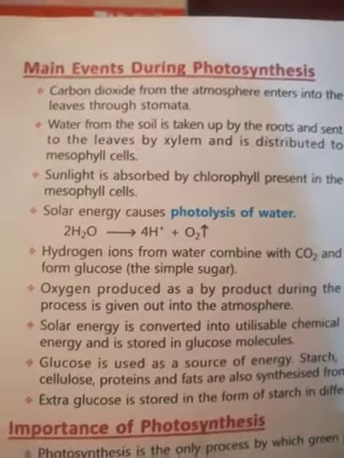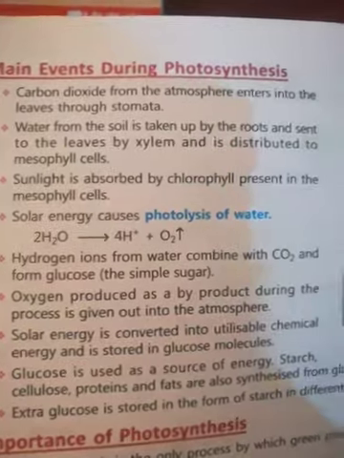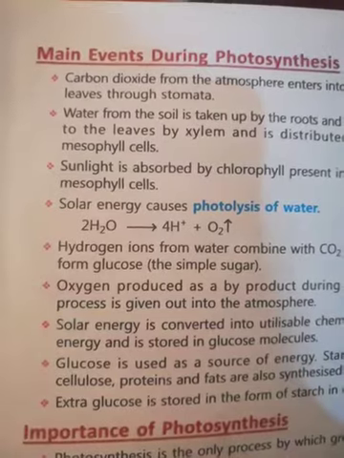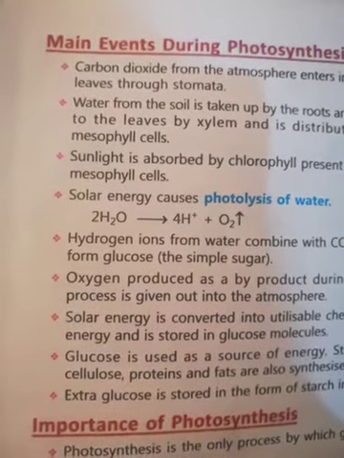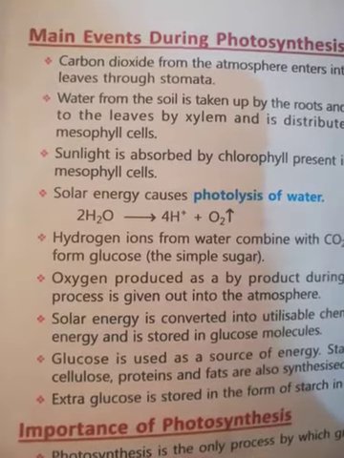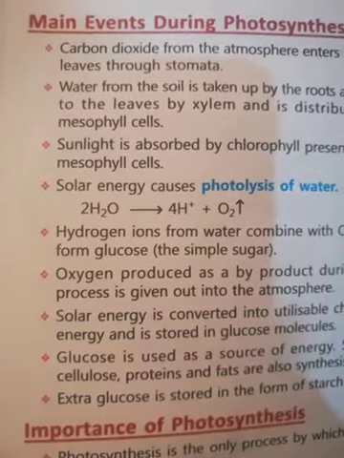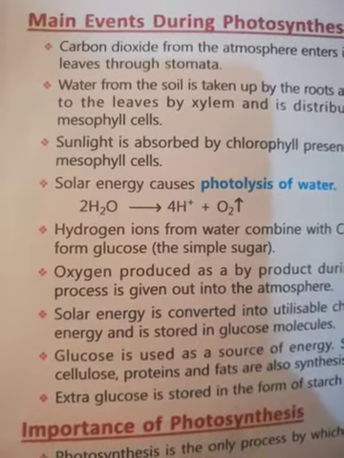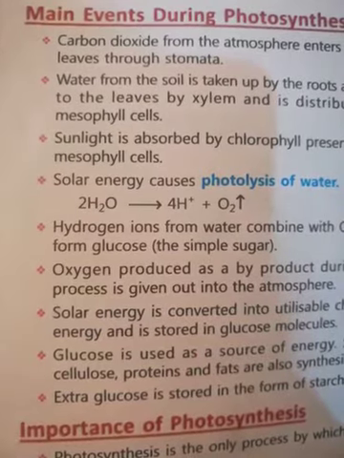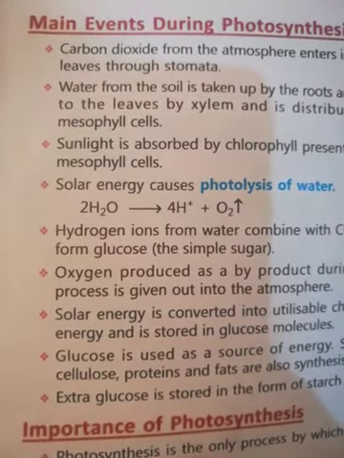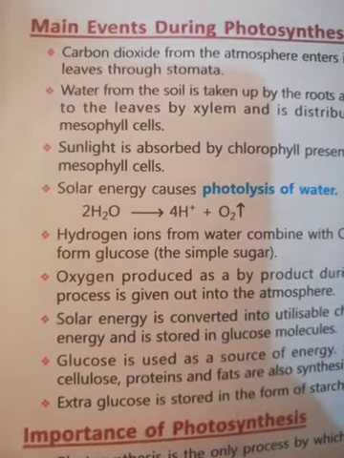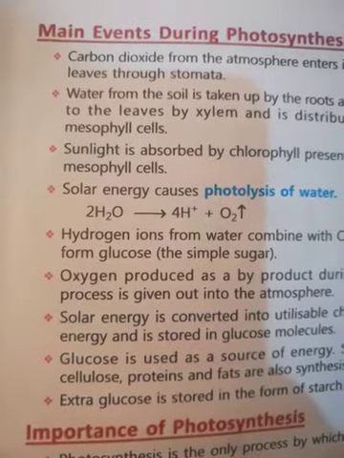Let us see here. Carbon dioxide from the atmosphere enters into the leaves through stomata. What are stomata? Stomata are pores which are present in green plants, especially on the surface of leaves, though they are also present on green stems.